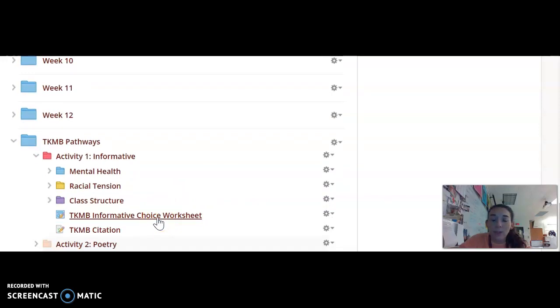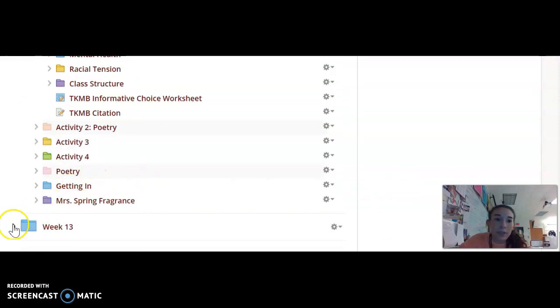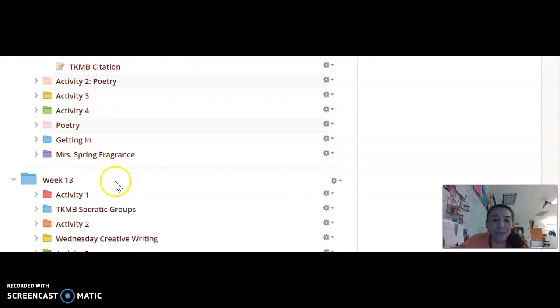It's at the bottom of your worksheet, where you put together a response about your viewpoints on one of the three topics, either mental health, racial tension, or class structure, and then found a resource outside of To Kill a Mockingbird and outside of the article that I provided. You're taking that written response and posting it in the week 13, sorry, I have to keep scrolling down, TKMB Socratic Groups folder in this TKMB Pathway Socratic discussion.